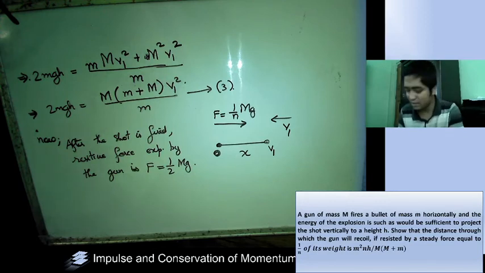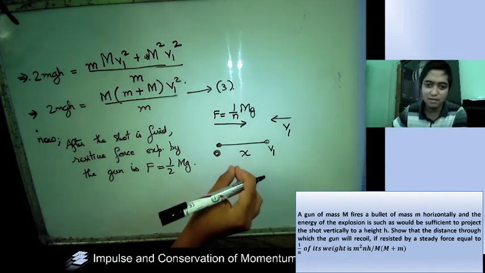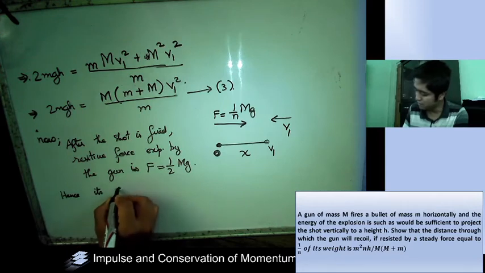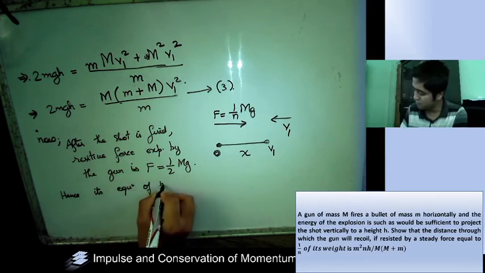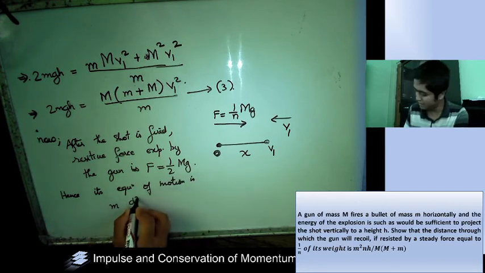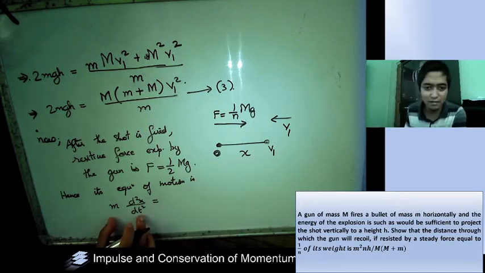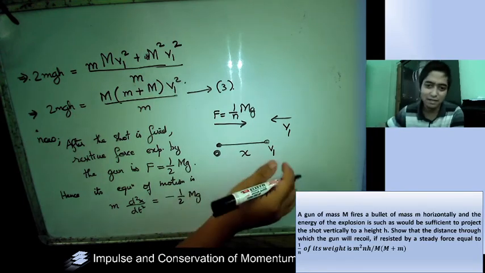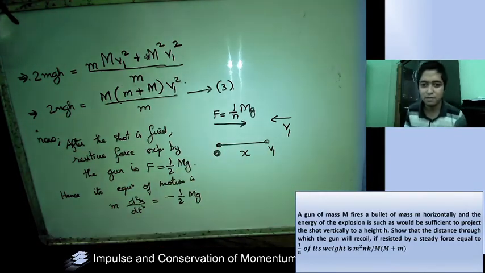Now what will happen is we can use the equation of motion. Hence, its equation of motion is M d2x by dt square. Okay, so this is the force experienced by the gun. It's equal to minus 1 by n Mg because it is a resistive force.